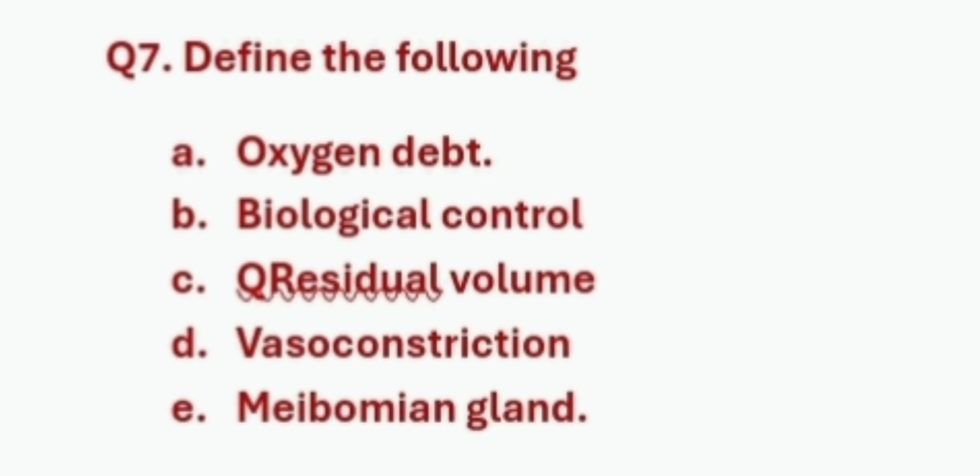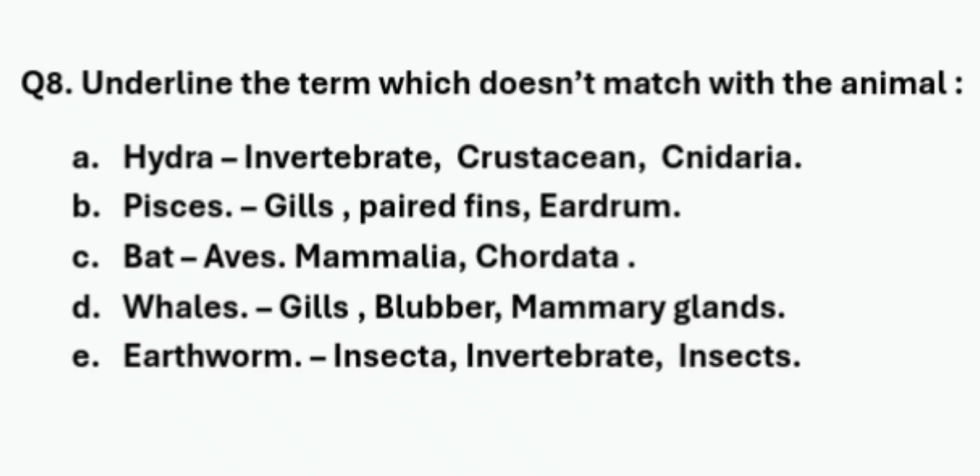Then you have the last question, question number 8, where you are given the name of an animal or an organism, and along with that there are 3 different words given. One of them does not match the animal.